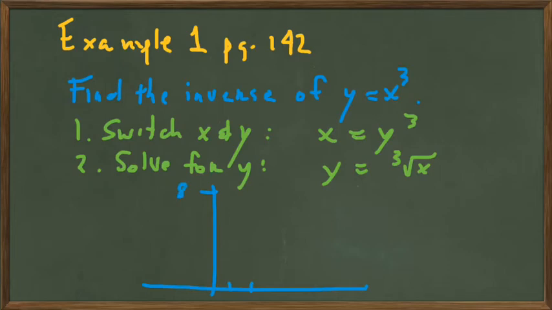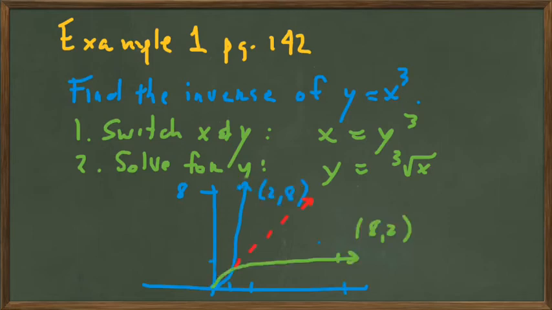So here is y equals f of x, y equals x cubed. You see that the graphs are reflections of each other across y equals x, that the point (2, 8) on the graph of the original has its reflected point, or flipped coordinate point, (8, 2) on the graph of the inverse.